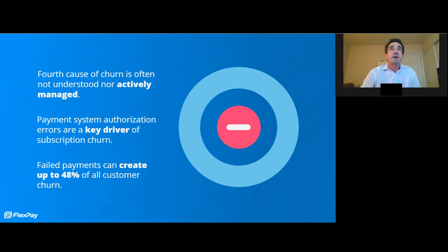But there is another cause of churn, a fourth cause, that because it's not well understood is usually not managed well. This is driven by the fact that every month when your customers are being recharged on their credit card, there are high rates of errors or false declines, where the credit card authorization system is making a decline decision based on factors that increase their risk of fraud, or identifying risk of fraud, but in fact it is a legitimate customer trying to make that purchase.